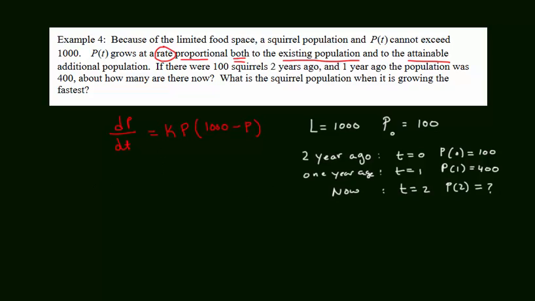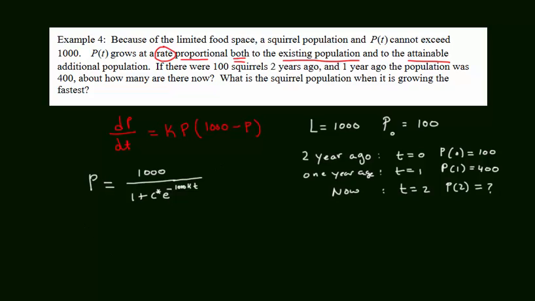Okay, back to the differential equation, which has the solution P equals 1,000 over 1 plus C star e to the negative K L. Now we know L is 1,000, so 1,000 K t, like that.